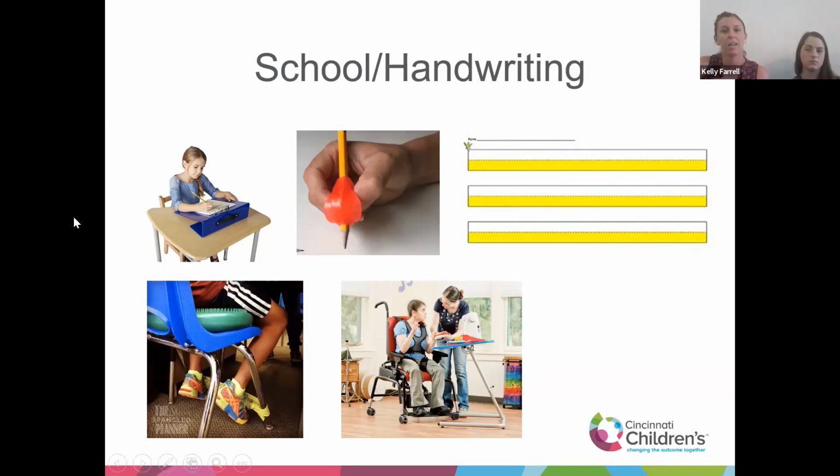And the middle top there is a little pencil grip. I'm sure we've all used the fun ones in school when we were younger. This one's great because it's really, again, helping them maintain that mature grasp for writing. These allow us to reduce fatigue and pain. And I love to use these for our hypermobile kids.